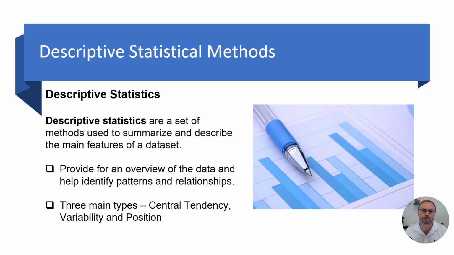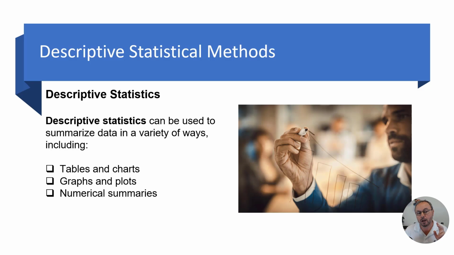There's typically three main accepted ways to approach this. We have central tendency, variability, and position, of which we'll be talking more about these in the upcoming lessons. Now, descriptive statistics can be used, of course, to summarize data, as we know.